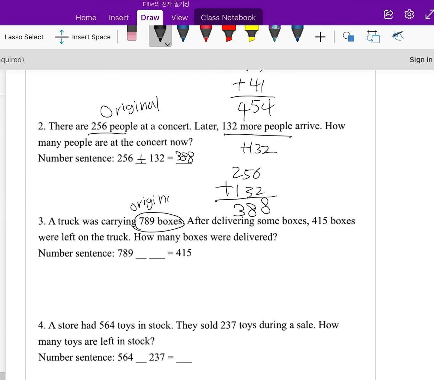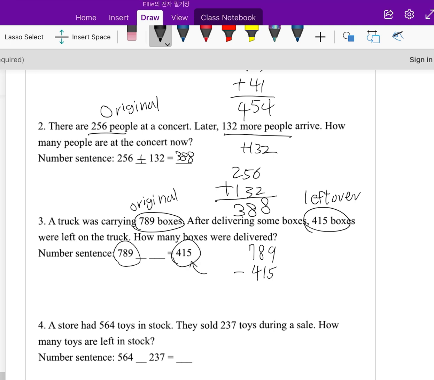Number 3, a truck was carrying 789 boxes. After delivering some boxes, 415 boxes were left in the truck. How many boxes were delivered? So we know that this is the original number and this is the leftover. Let's check what the middle number is going to be because we don't know it yet, and we can just do it by subtraction: the original number with the result number.